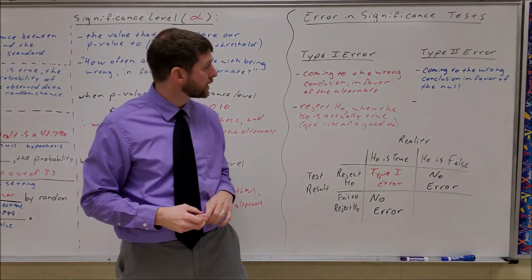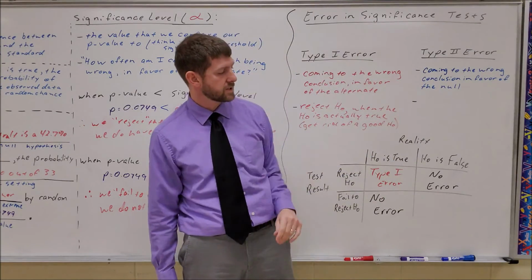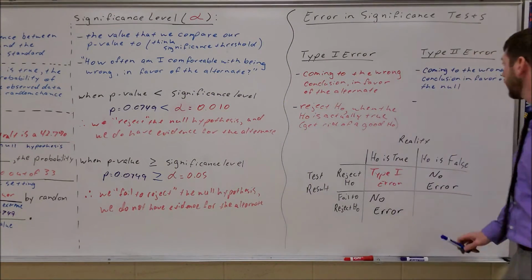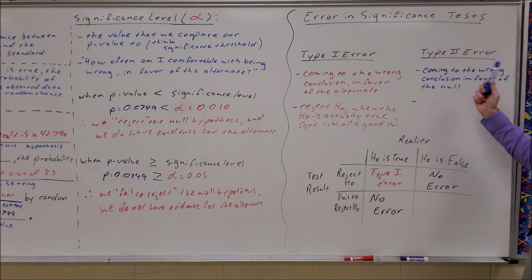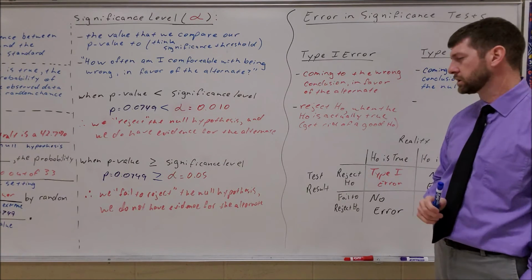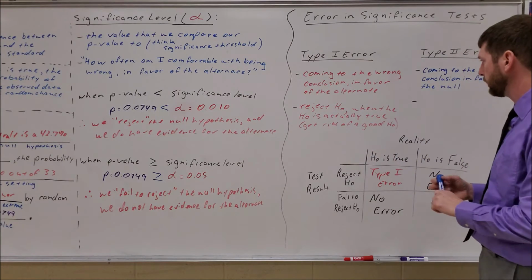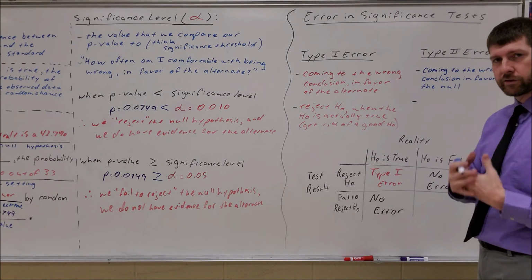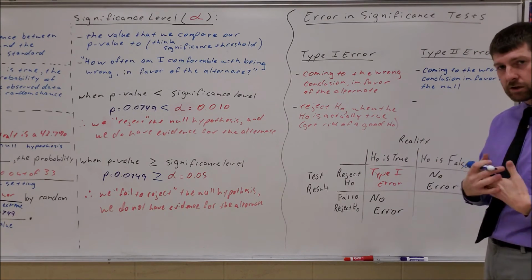Well, the other type of error that you could have would obviously be type 2 error. Type 2 error means that we came to the wrong conclusion in favor of the null. So what would that look like? If I favored the null, but I shouldn't have, that means the null got kept.